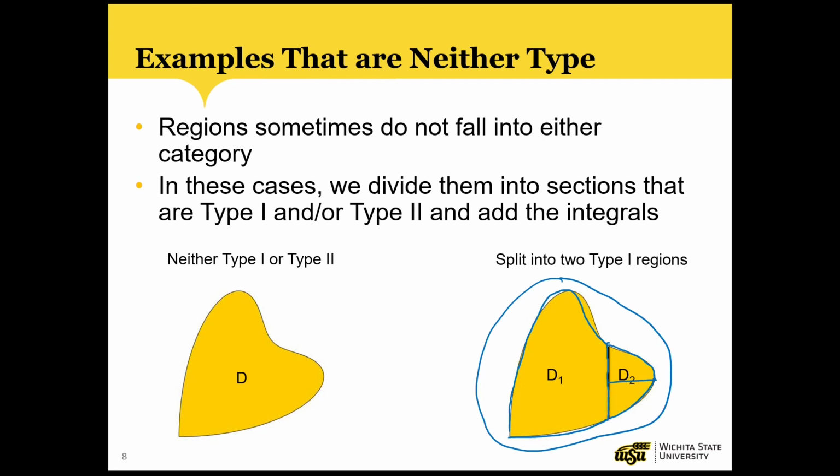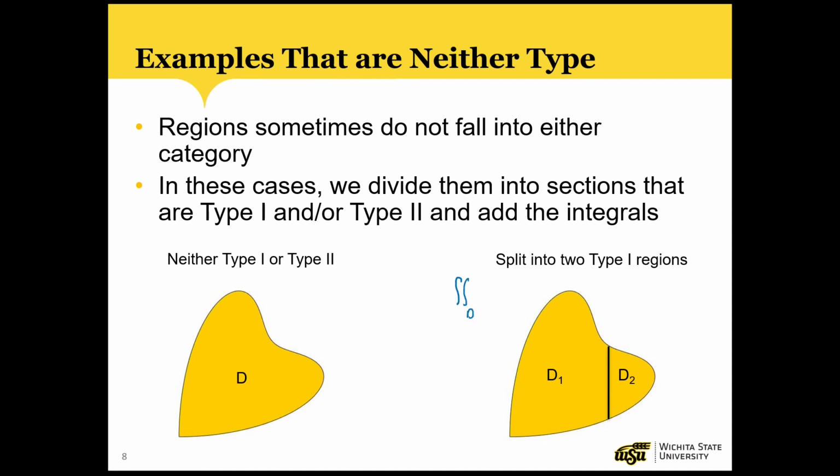So we can split these more difficult general regions into two halves, and then after we have split it into those two halves, we just say that the integral over D is equal to the integral over D1 plus the integral over D2.